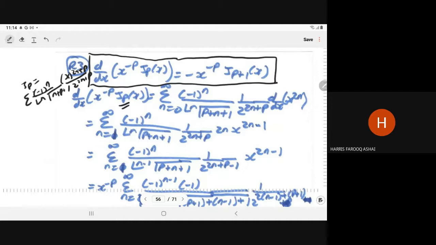Now in this we have to multiply with x to power minus p. When we multiply with x to power minus p, minus p and plus p cancel out, so here we have x to power 2n. You are taking the derivative, so we have d/dx of x to power 2n, and the derivative of x to power 2n will be 2n into x to power 2n minus 1.